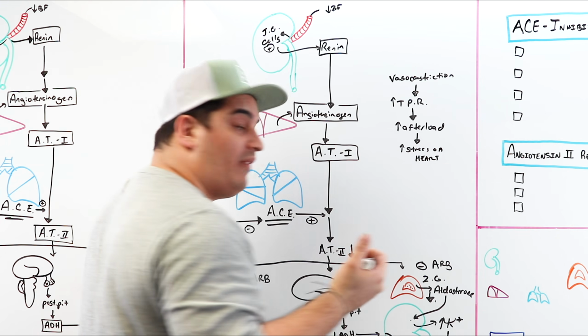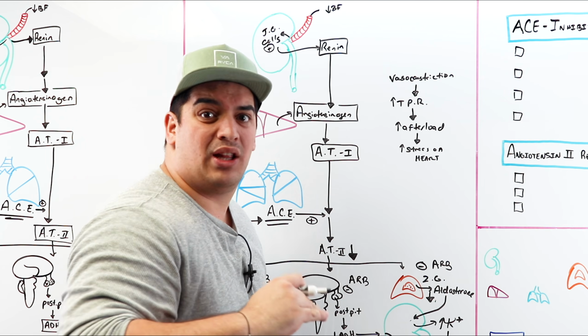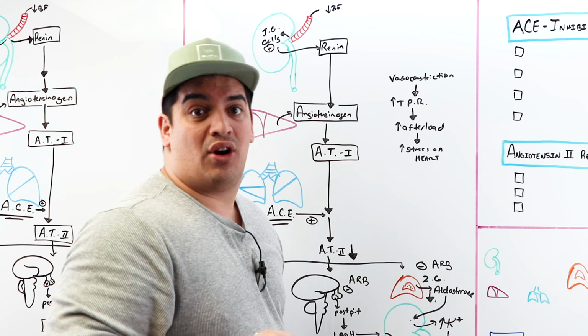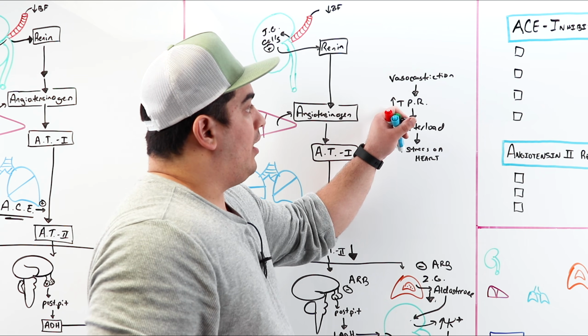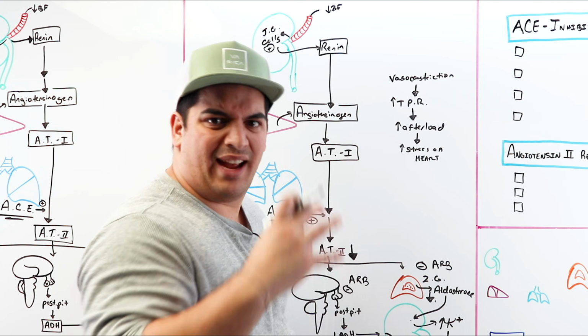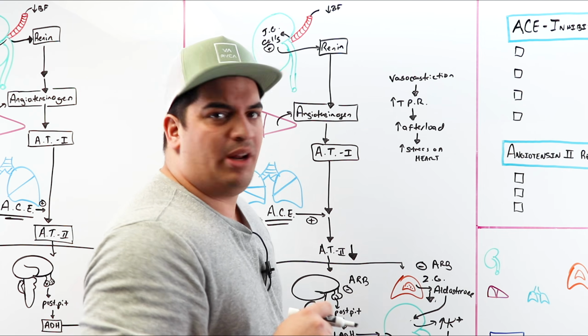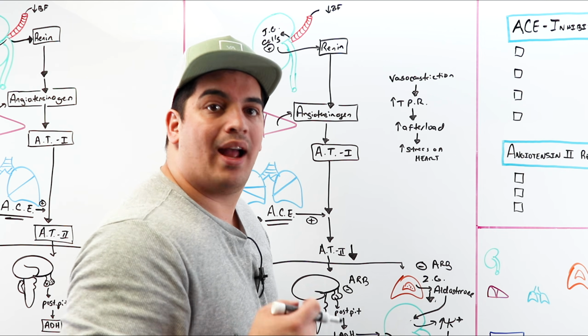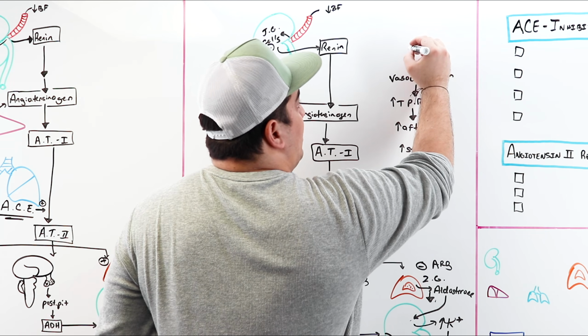And if someone has heart failure, if someone has coronary artery disease where their oxygen supply is already really low and you don't want to increase the stress on the heart even more, or if someone has very strong vasoconstriction, like they have a very strong isolated systolic hypertension, wouldn't these drugs be pretty beneficial, like ACE inhibitors and ARBs? Why? Because they decrease angiotensin II production, right? So think about this now.